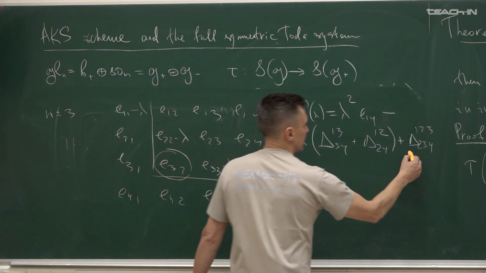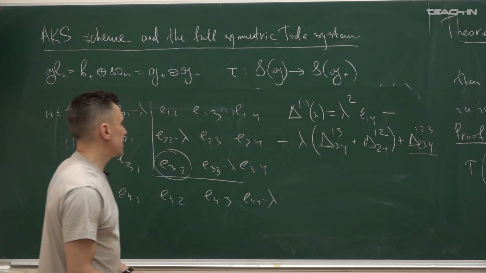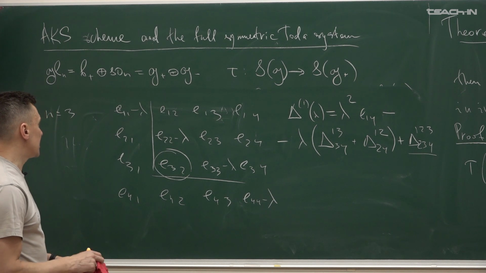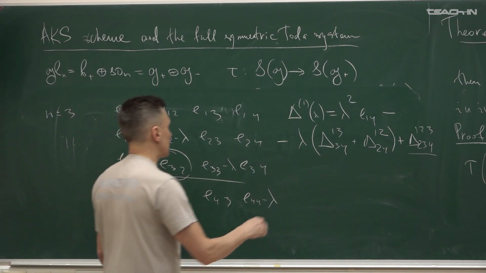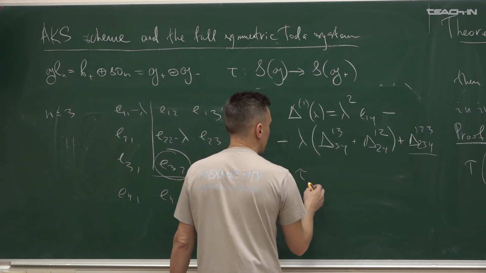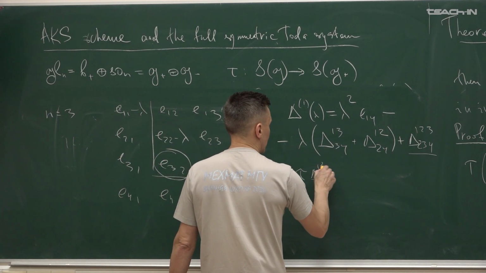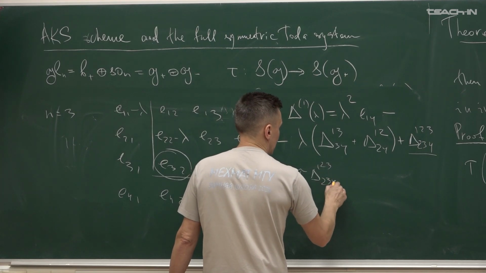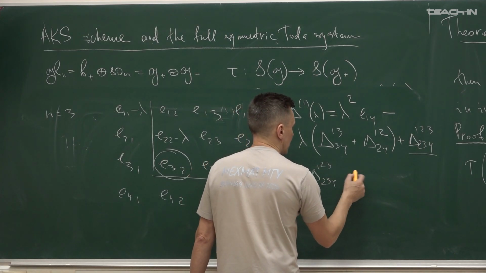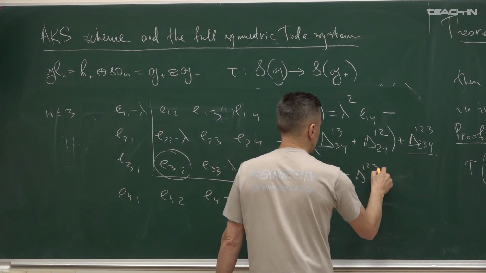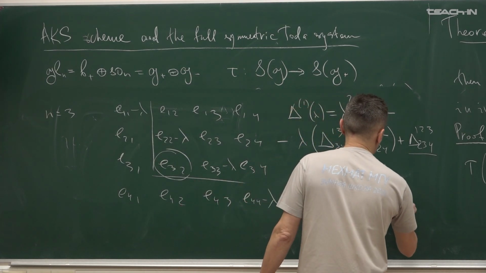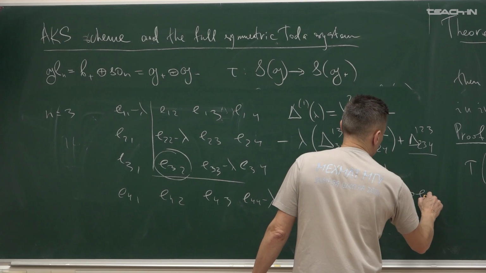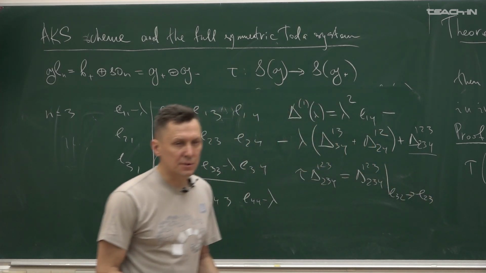which enters this part, and tau of delta 1, 2, 3. So it is 1, 2, 3, 3, 4 with A3, 3, 2 just replaced by A2, 3.